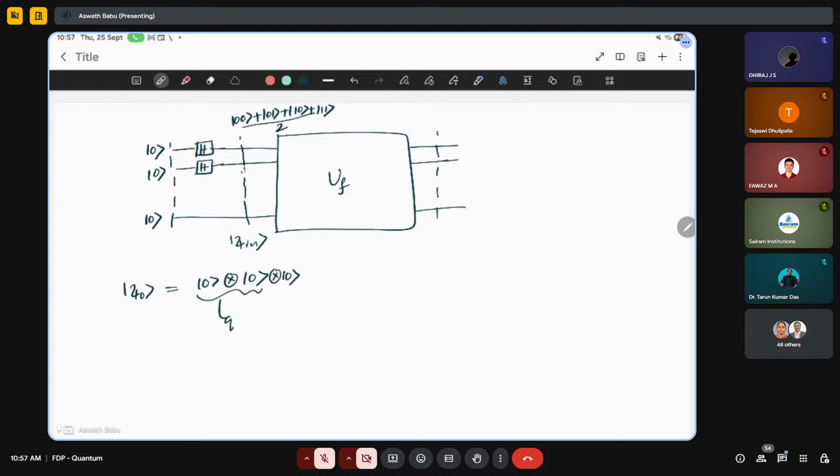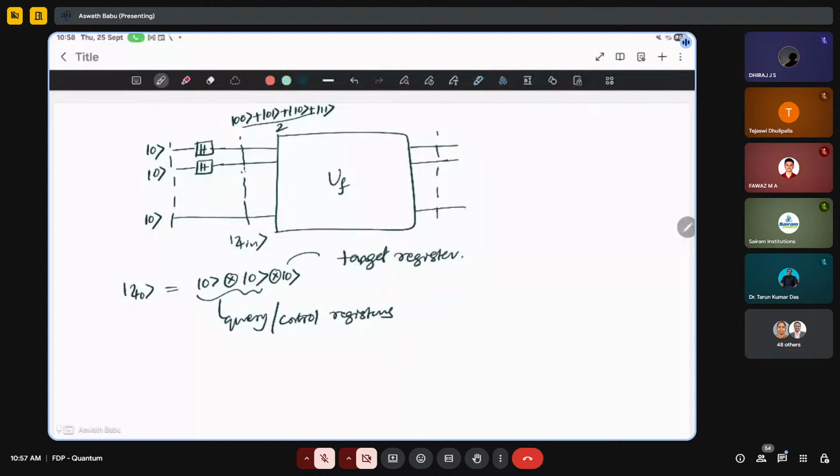This is the query or control register, and this is the target register, the quantum register.